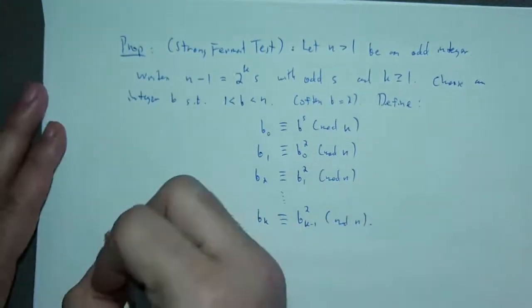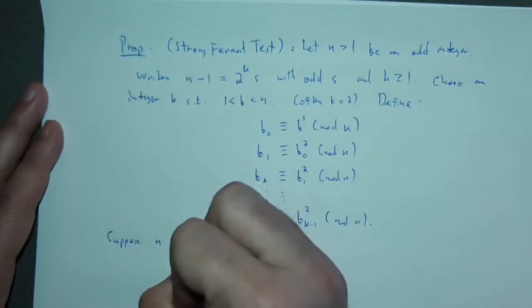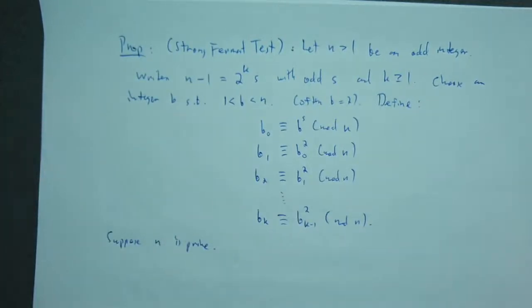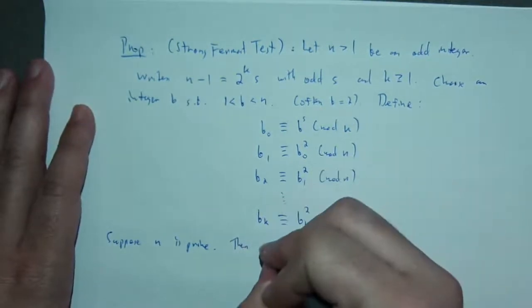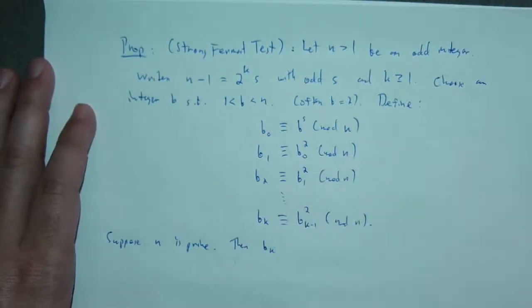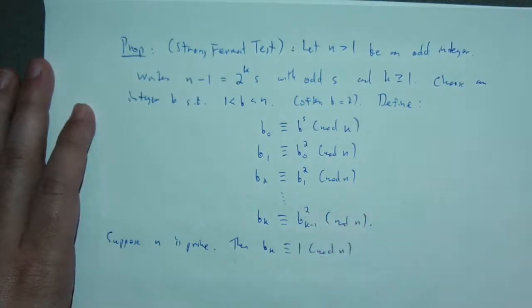Okay, so then suppose n is prime. This puts some restrictions on how this sequence behaves. Well, if n is prime, then b sub k is congruent to 1 mod n.